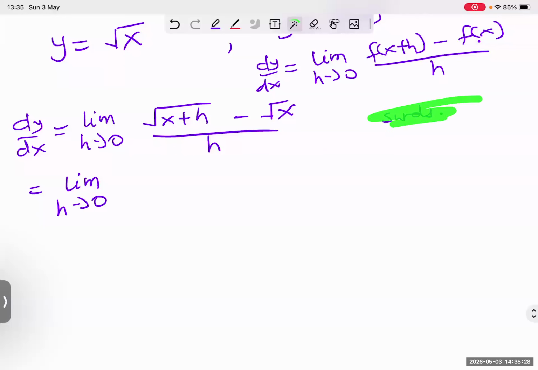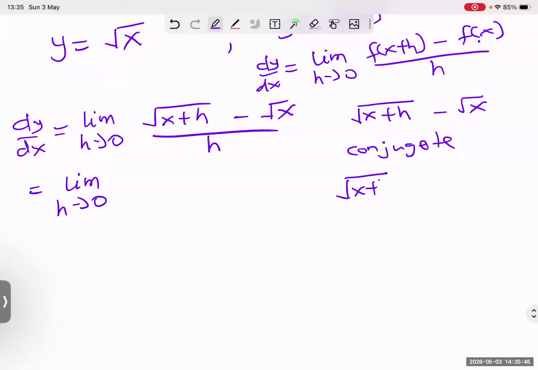Since the surd is square root of x plus h minus square root of x, its conjugate will be square root of x plus h plus square root of x. This is the expression we use to multiply both top and bottom of the function.